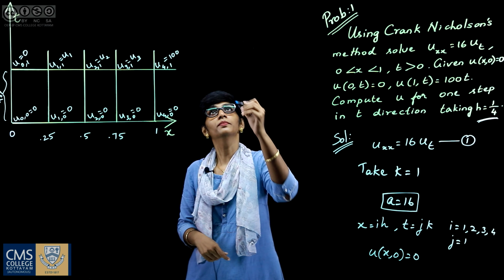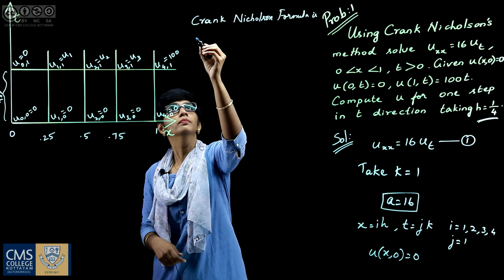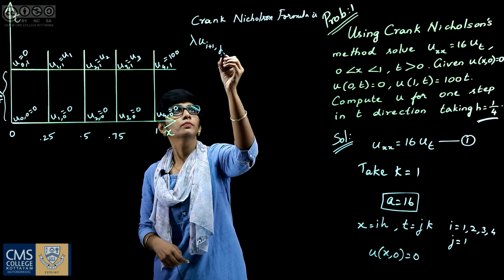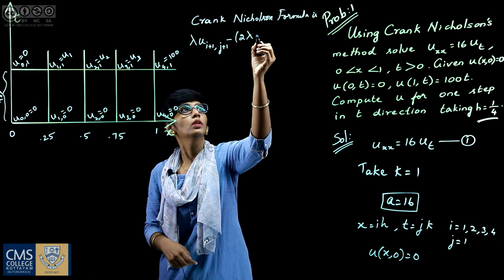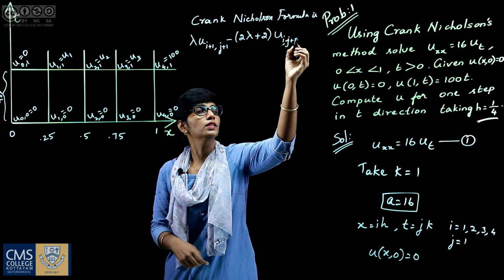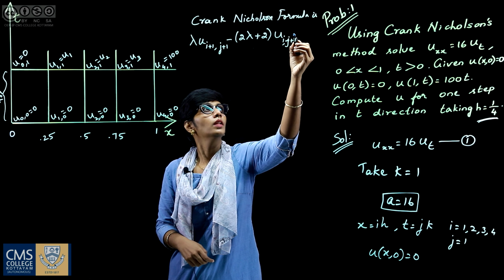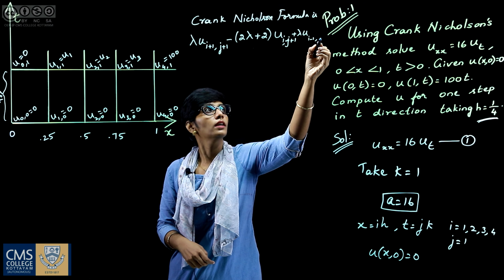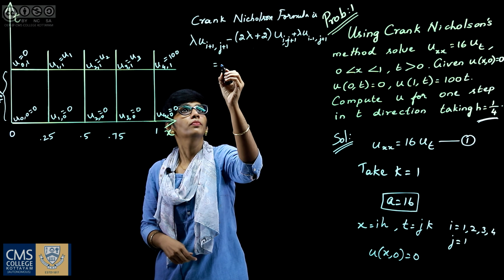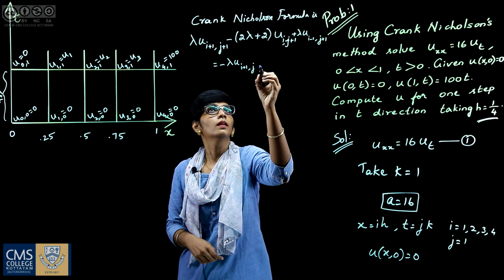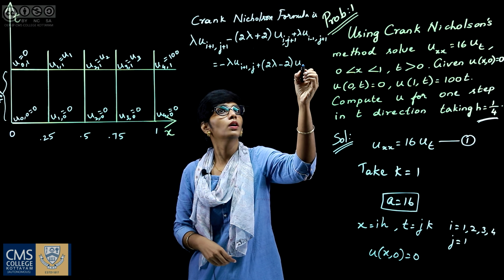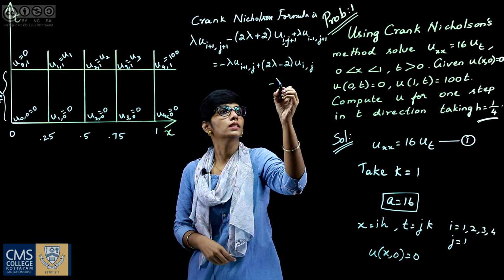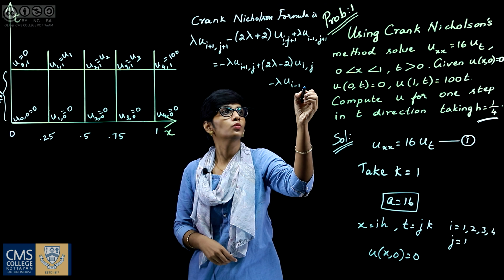The Crank-Nicholson formula is: lambda u(i+1, j+1) minus (2 lambda + 2) u(i, j+1) plus lambda u(i-1, j+1) is equal to minus lambda u(i+1, j) plus (2 lambda minus 2) u(i, j) minus lambda u(i-1, j).